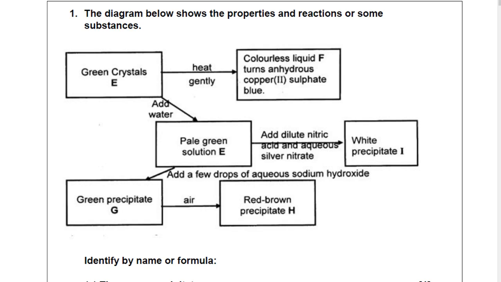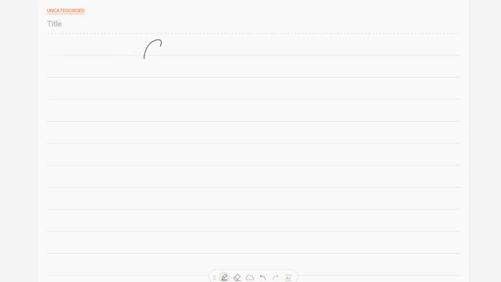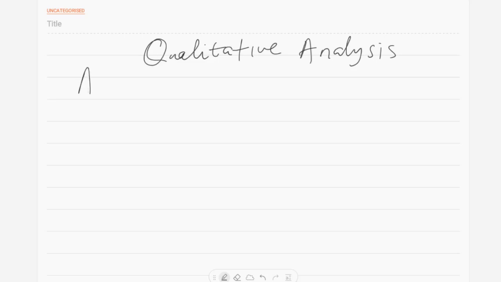But before we can do that, I would want us to quickly look at some of the concerned cations and anions that have been used on this question. To start with, let's just quickly look at under qualitative analysis. Under qualitative analysis, we have what are known as anions. We see in the diagram there that there's a formation of a white precipitate, white PPT.